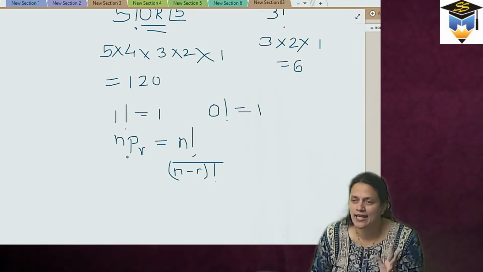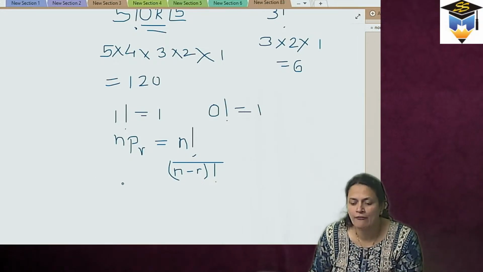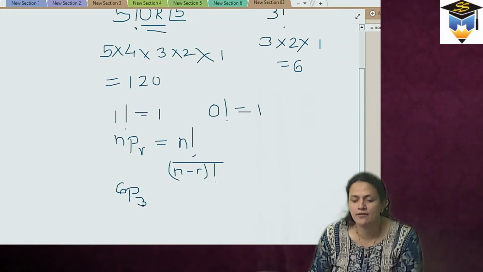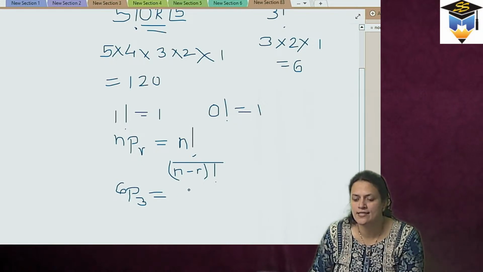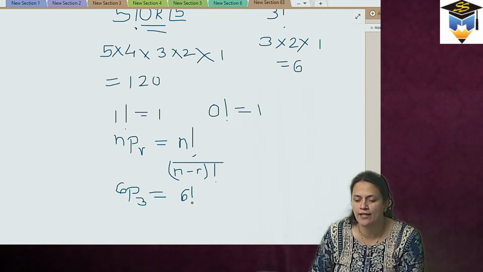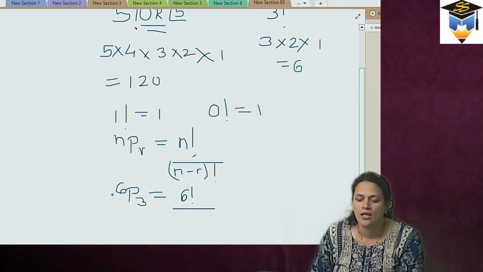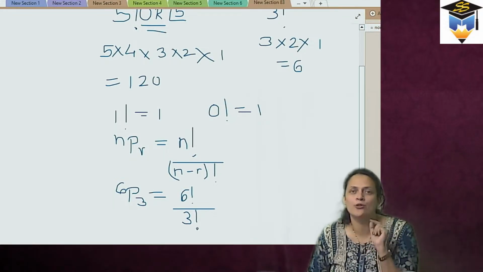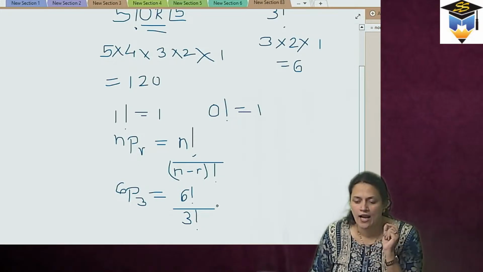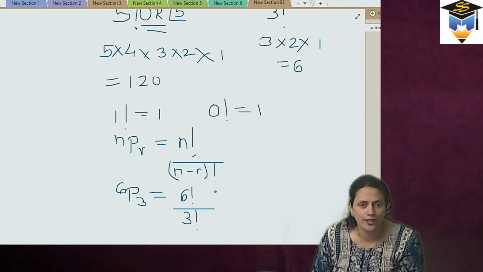So now let us take an example of this. If we have to find out the value of 6PR, suppose 6P3. So what is our N? 6 is N. So I'm going to write it as 6 factorial upon 6 minus 3, that is 3 factorial. Now check how I am going to solve this. I'm not going to find out the value directly.